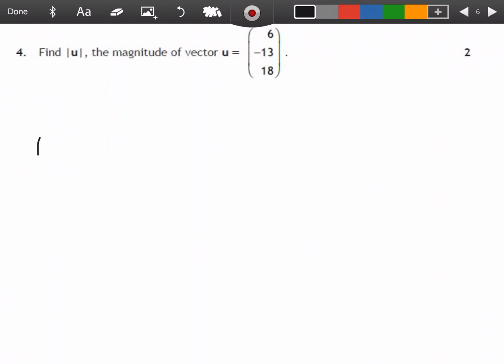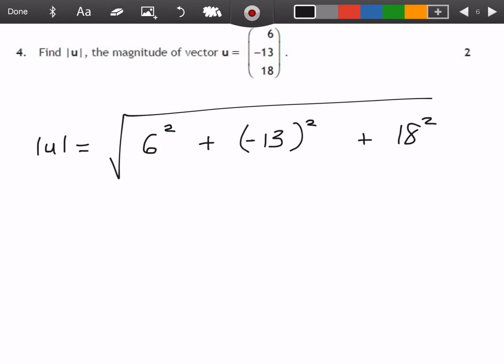So, to find the magnitude of vector u, what we do is we take each individual component of the vector, we square them, we add them all up, and then the last step is we're going to take the square root of it. You don't need to write the square root part there, you can just do the square root at the end.